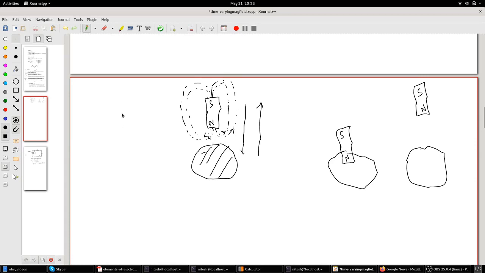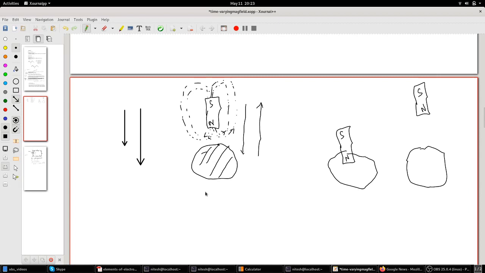The B value is going to be a vector, something like this. The moment I get it closer, this vector is going to be of this length, because it's closer to the loop.